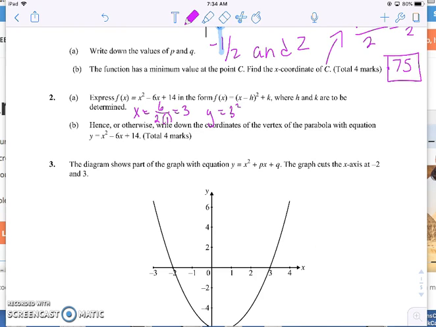So we have 3 squared minus 6 times 3 plus 14. That's 9 minus 18, so negative 9 plus 14. So y is 5. So our h value would be 3 and our k value would be 5. Hence, write down the coordinates of the vertex. So our coordinates would be 3 and 5.